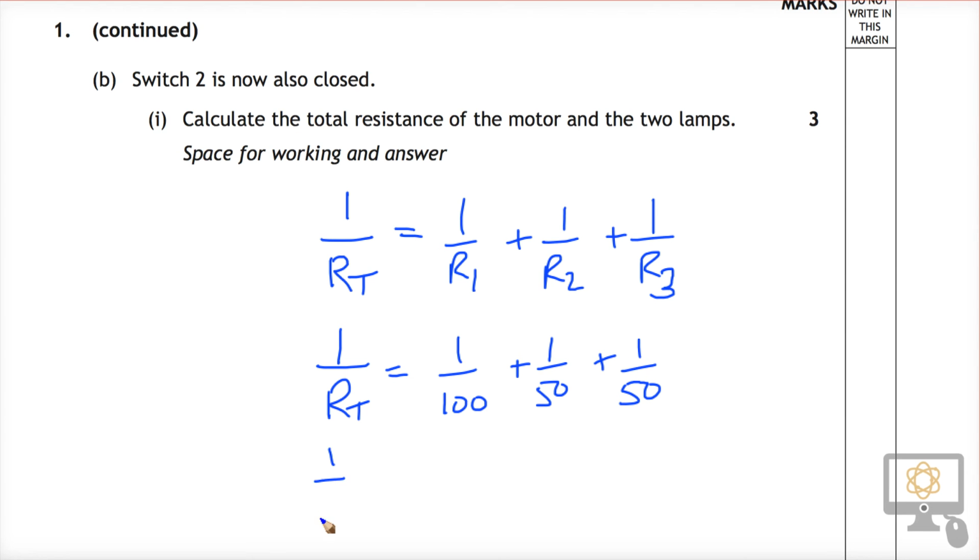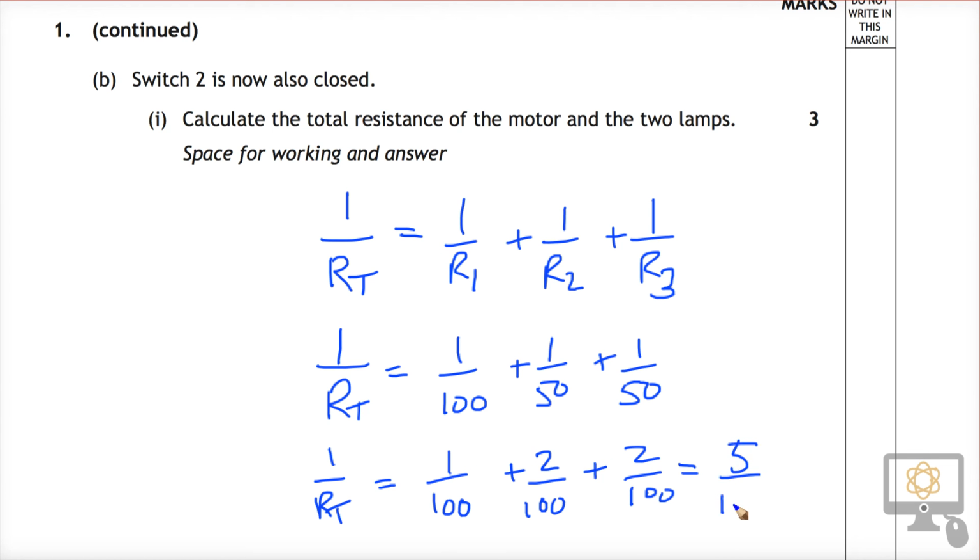So 1 over RT is equal to 1 over 100 plus 2 over 100 plus 2 over 100, because 1 over 50 is equivalent to 2 over 100. That gives a total of 1, 2, 3, 4, 5 over 100.